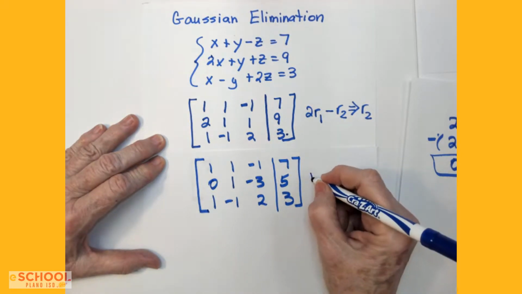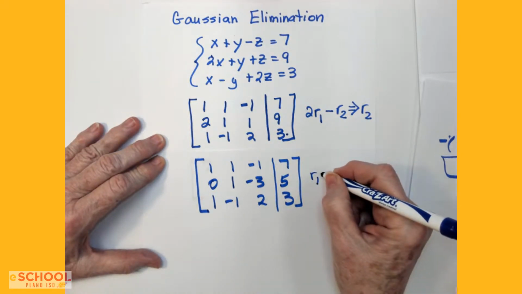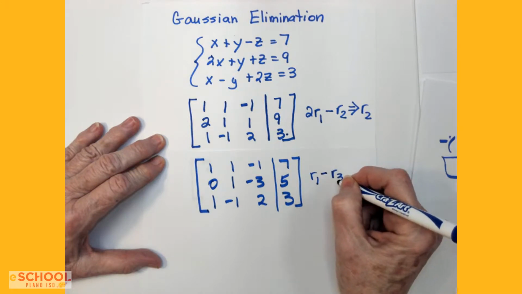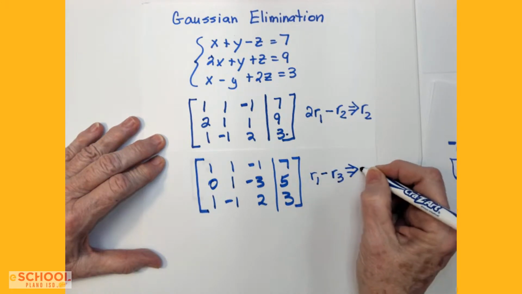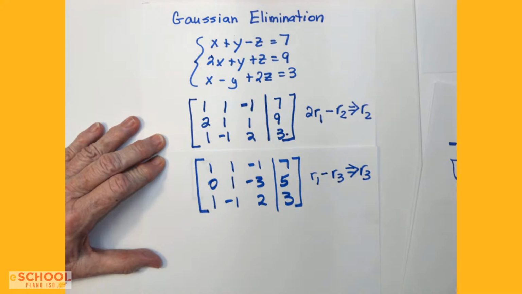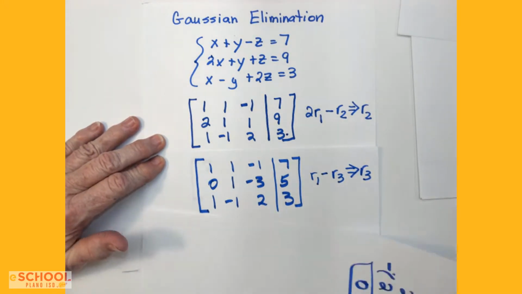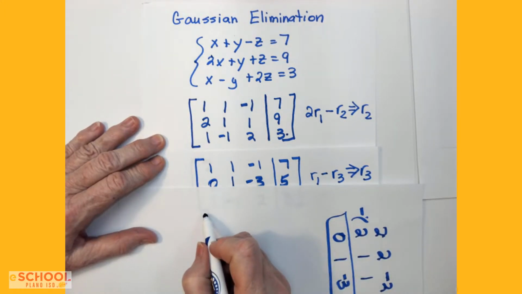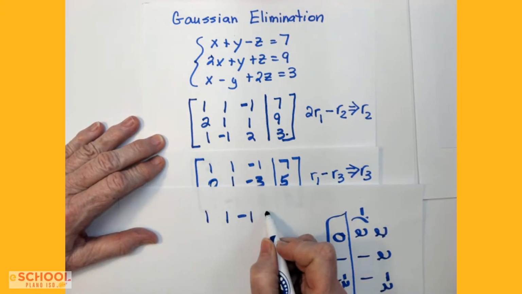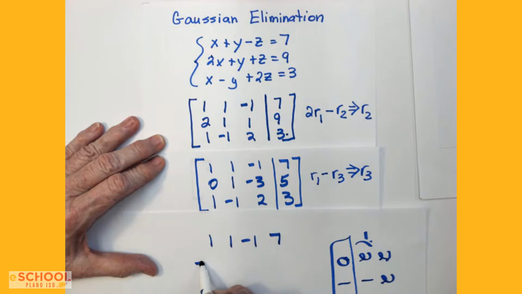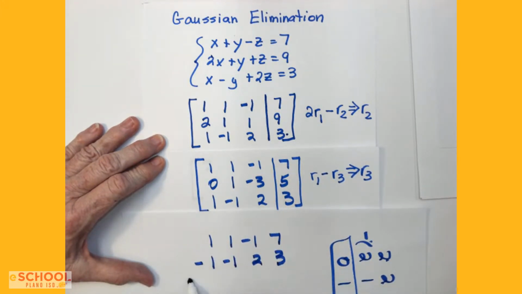So I'm going to take row 1 and subtract row 3 to make the new row 3. So 1, 1, negative 1, 7, minus 1, negative 1, 2, 3. Whoops. We need to subtract the row and not just change the sign.